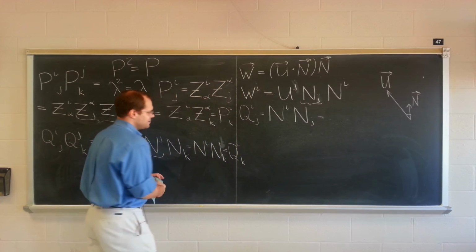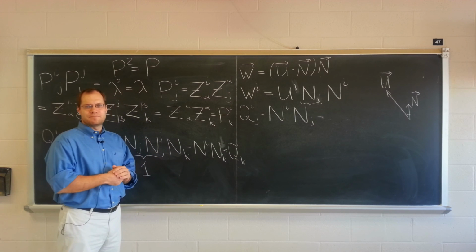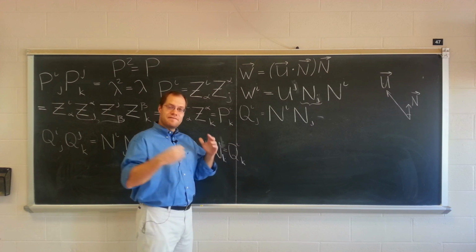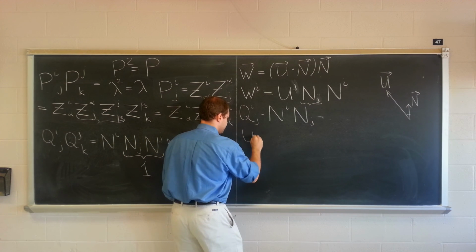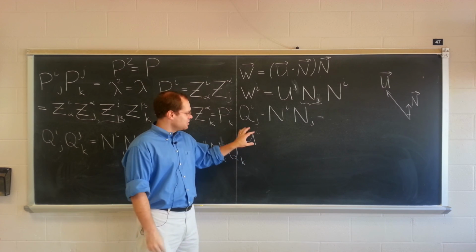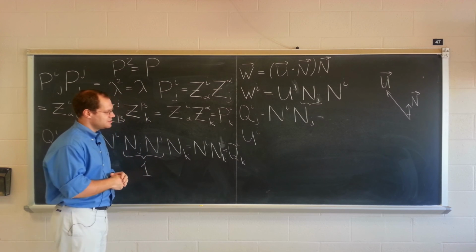Okay, and now the grand finale of the discussion about the projections. It's the fact that if we start with a vector, I'm writing this in components. I could have written this as vector expressions, but let's go right away for the component notation.